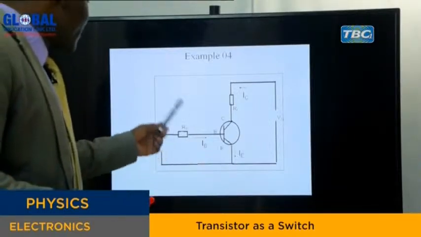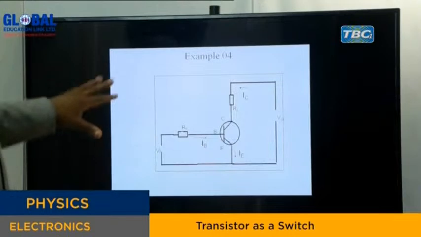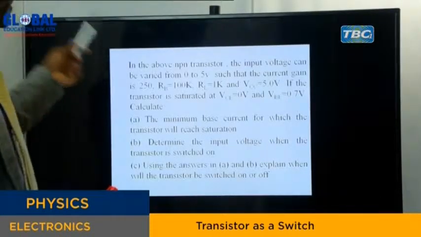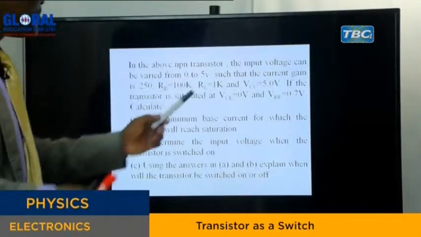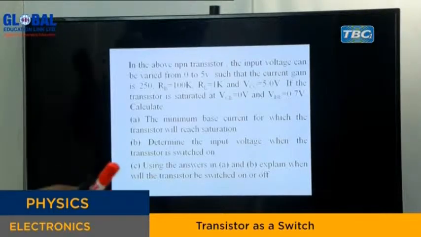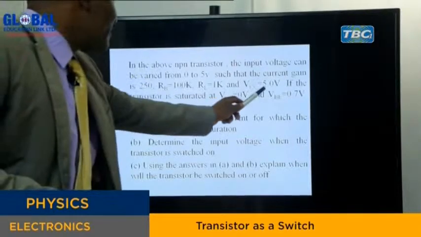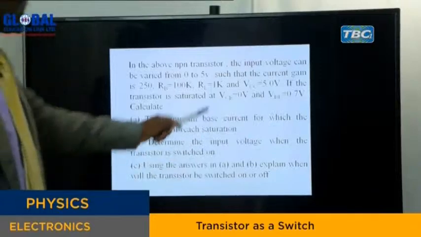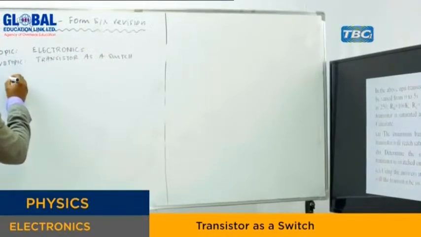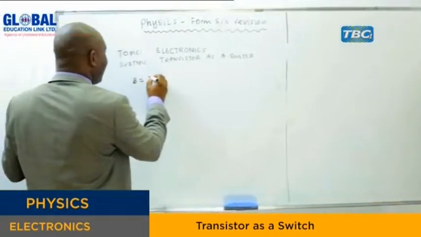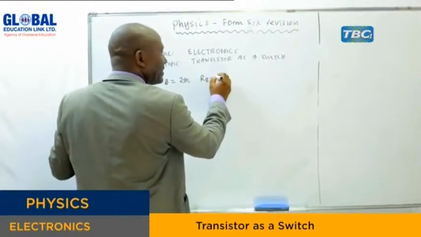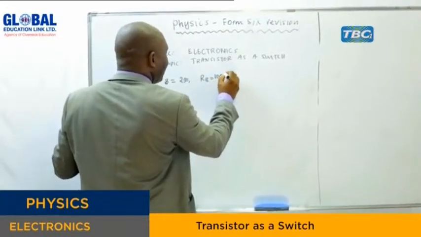Now we are looking at the information given from the circuit. The information says that in the above NPN transistor, the input voltage can be varied from 0 to 5 V, and 5 V is the supply voltage, such that the current gain of the transistor is given as 250, and the input resistance as 100 kilo ohms.